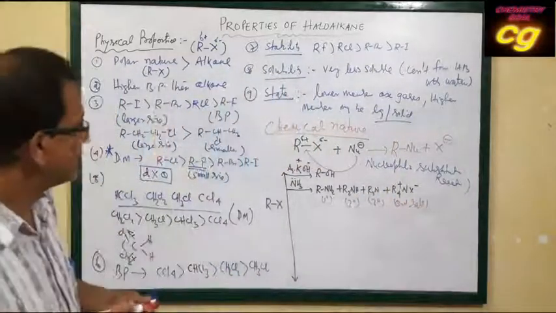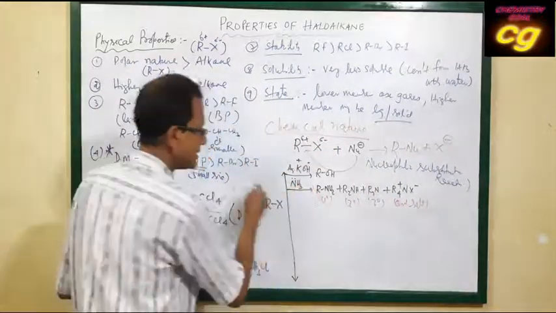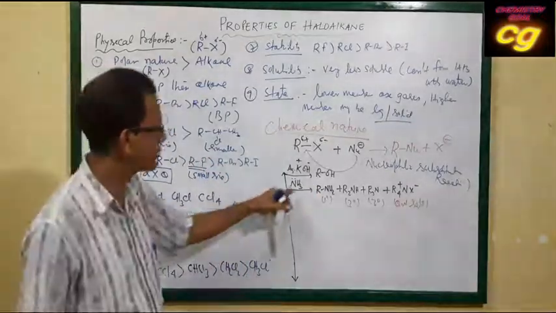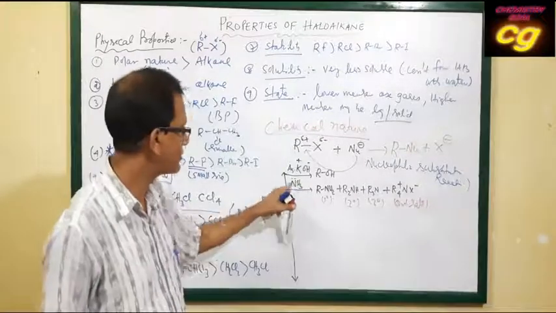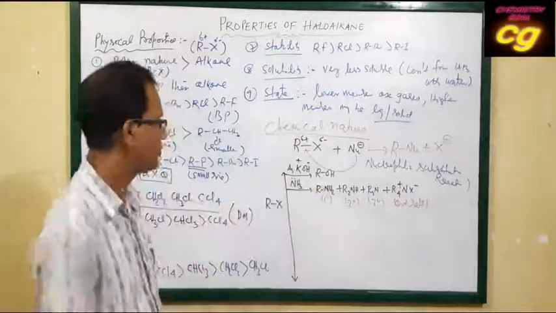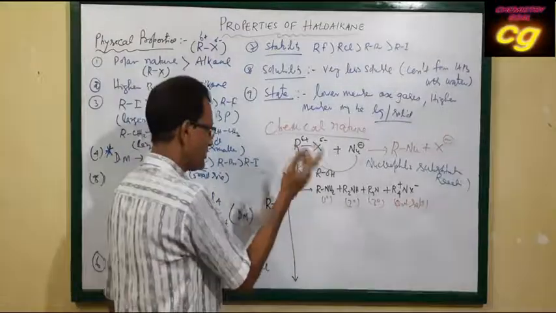So when haloalkane reacts with ammonia, it forms primary amine. In the first substitution NH3 attacks, then HX is removed.